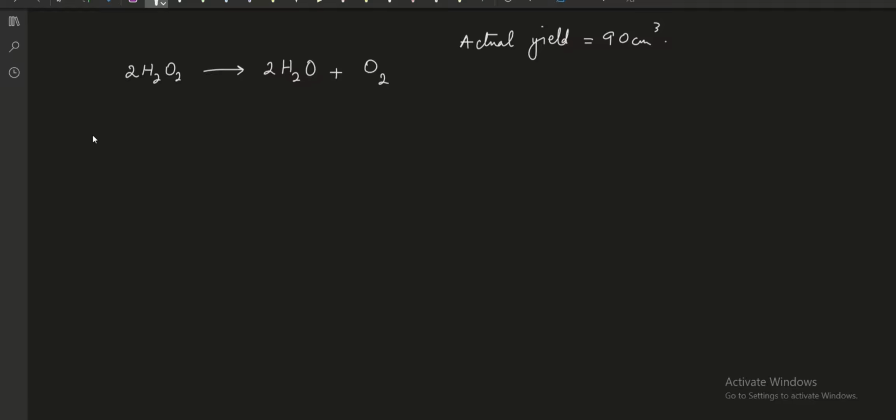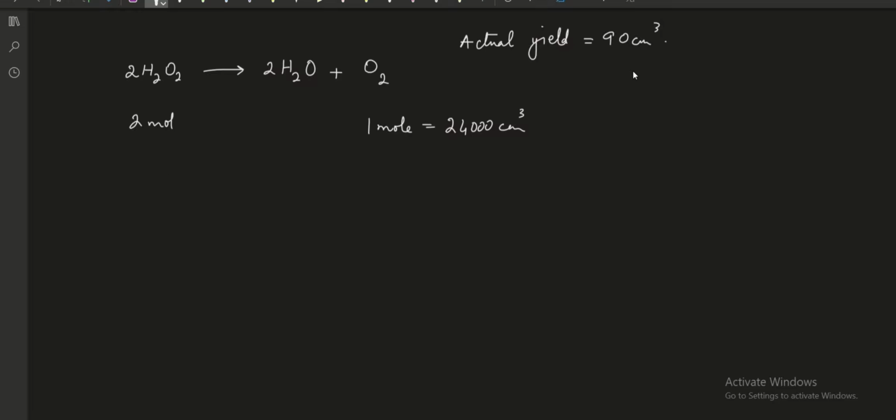According to the equation, 2 moles of hydrogen peroxide decompose to give 1 mole of oxygen, and 1 mole of oxygen is equal to 24,000 cubic centimeter.